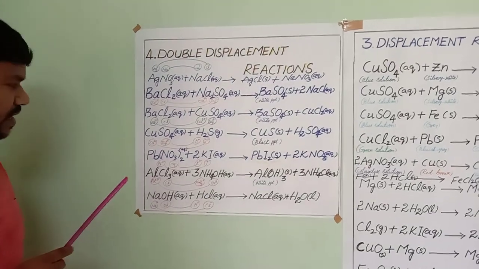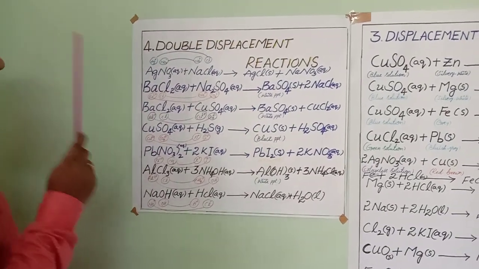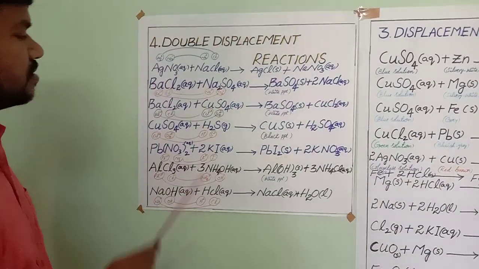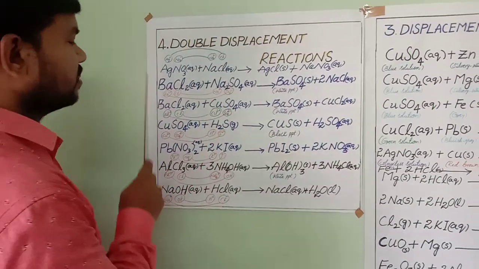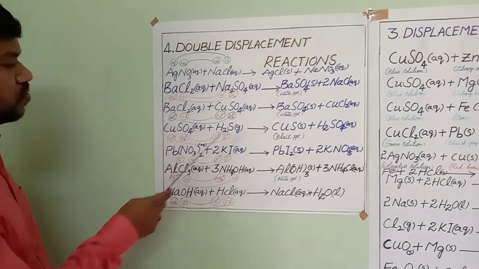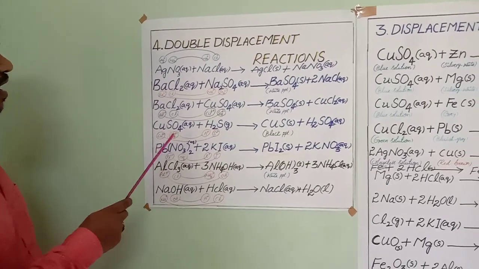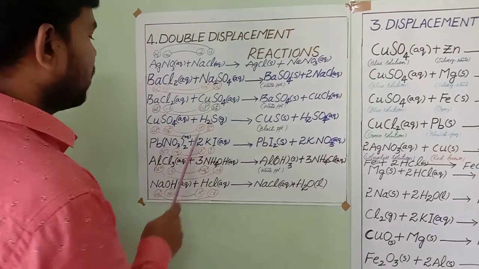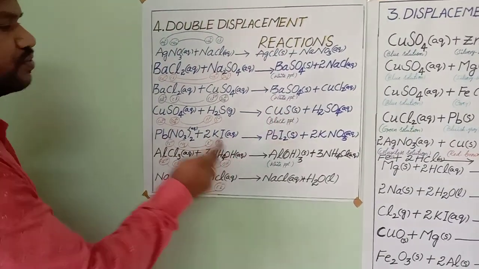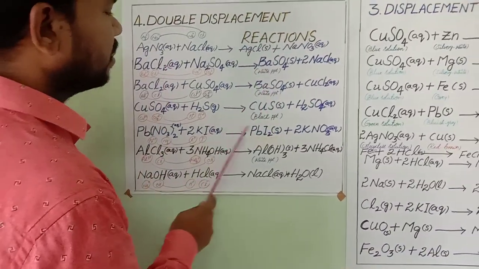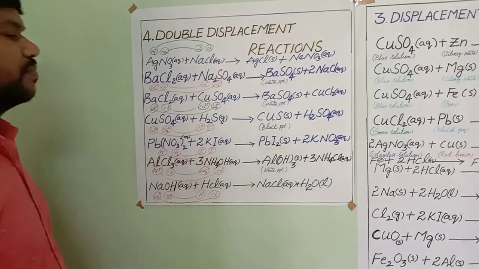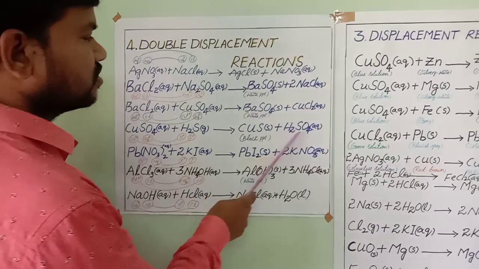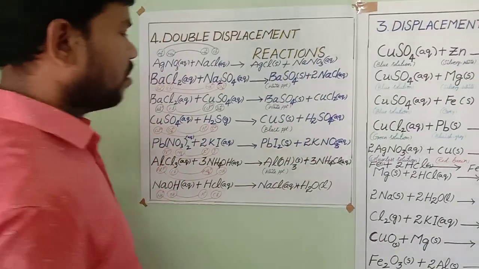Copper sulfate contains copper ion and sulfate ion, and H2S contains H plus ion and S2 minus ion. So here Cu2 plus combines with sulfur and sulfate combines with H plus to form CuS, copper sulfide. A black colored precipitate is formed in the test tube, along with sulfuric acid.